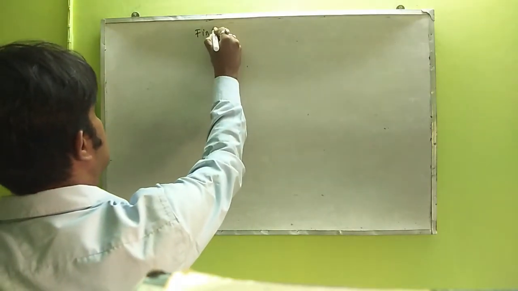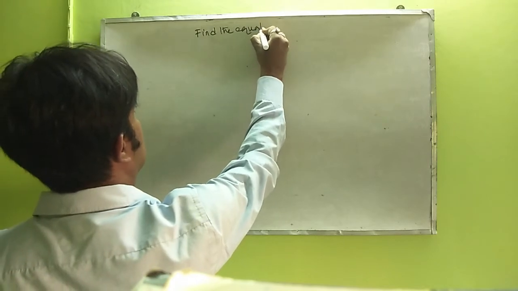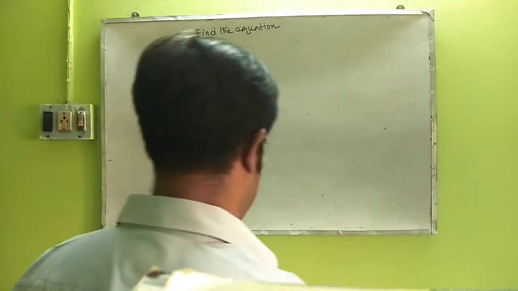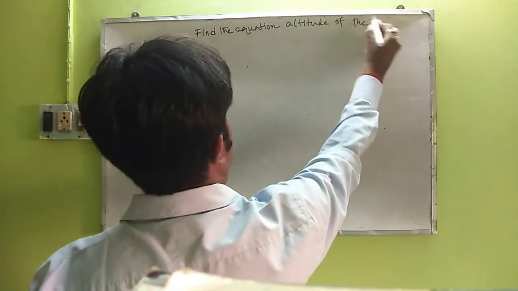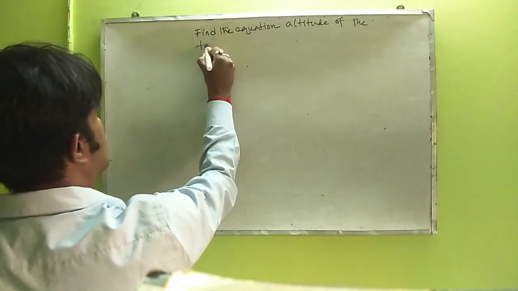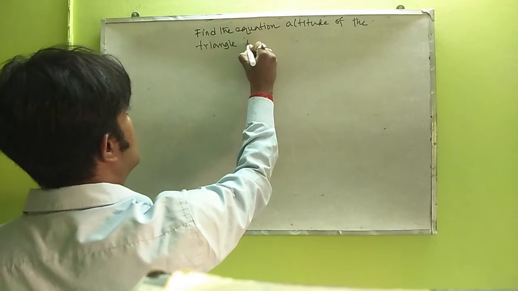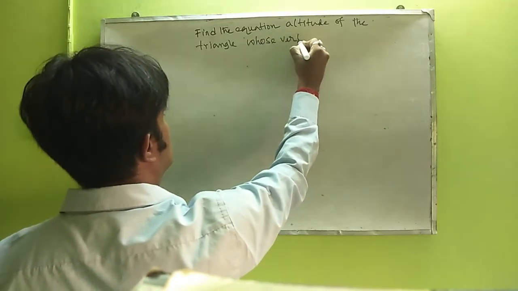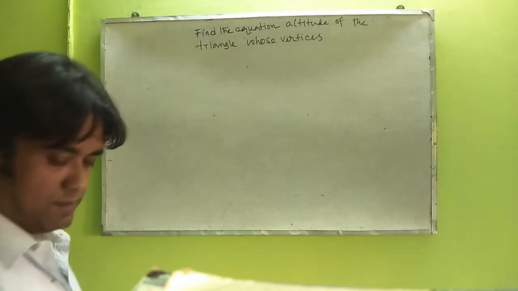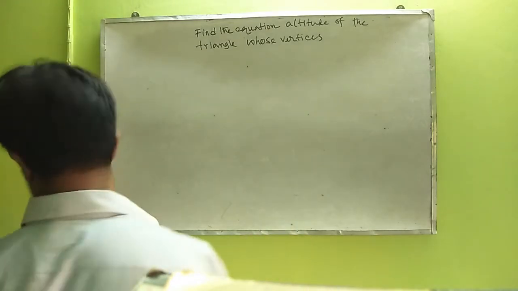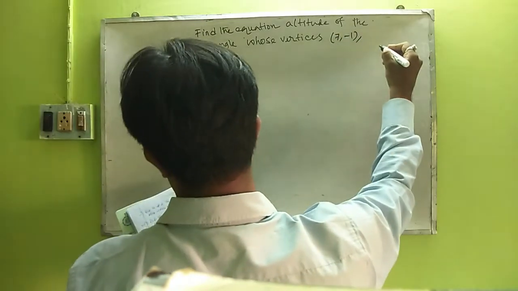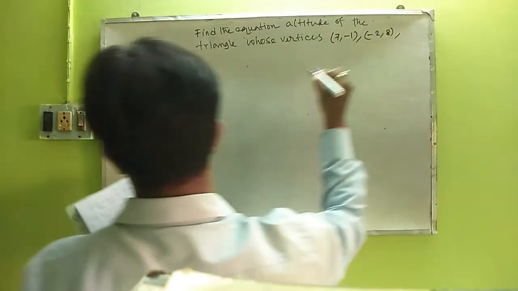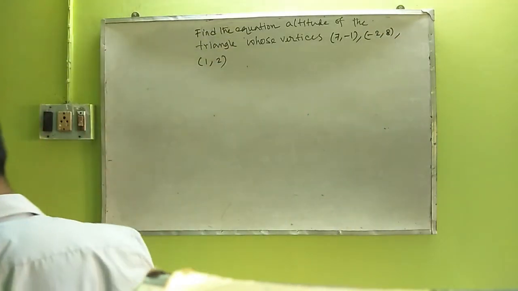Now find the equation of the altitude of the triangle whose vertices are 7, minus 1, minus 2, 8, 1, 2.